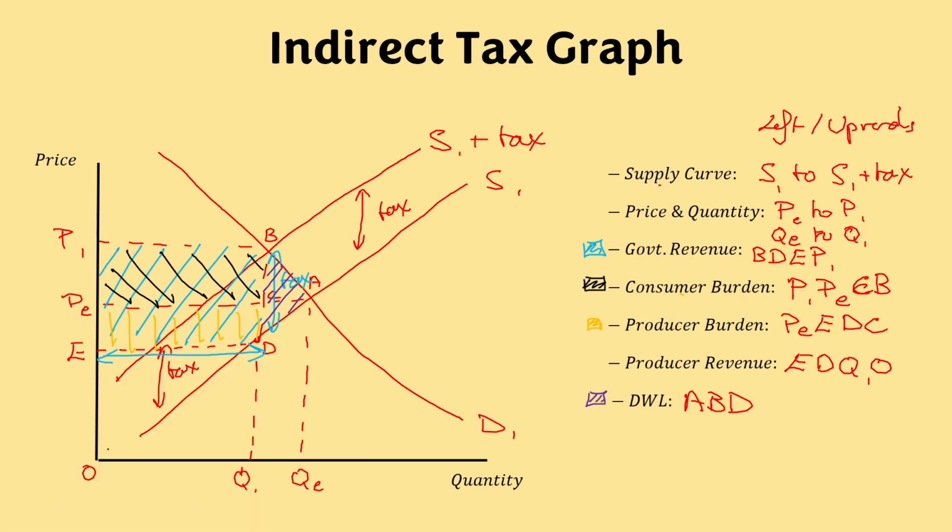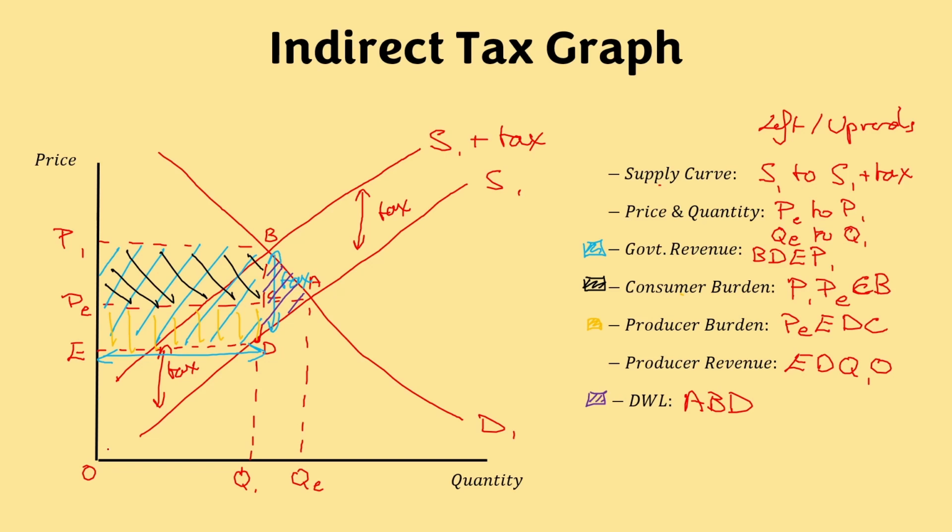Now, not to go into too much detail because this deserves a video on its own, but an intuitive way to understand this is that because deadweight loss is loss of welfare to society, it is clear that a tax will cause a loss of welfare.